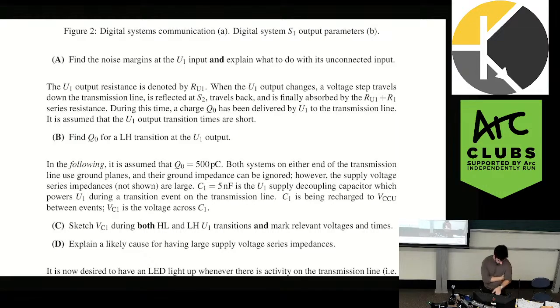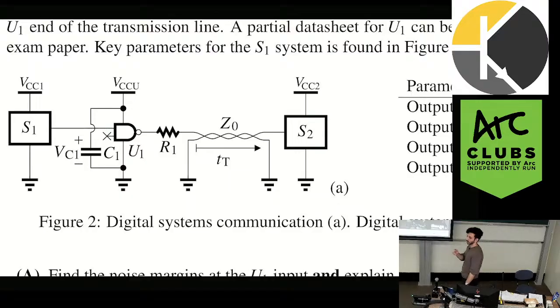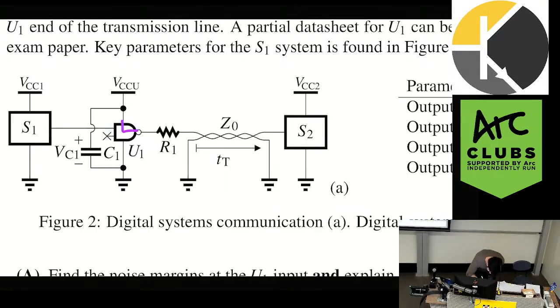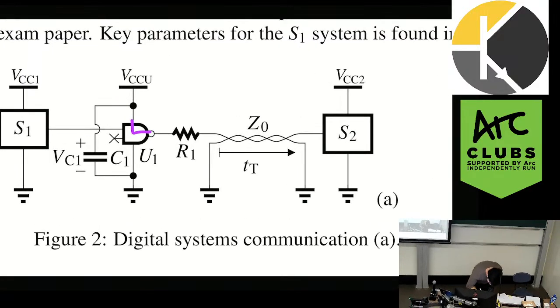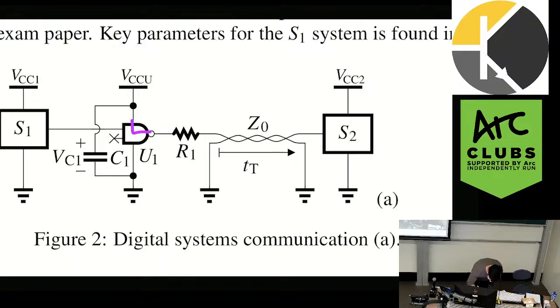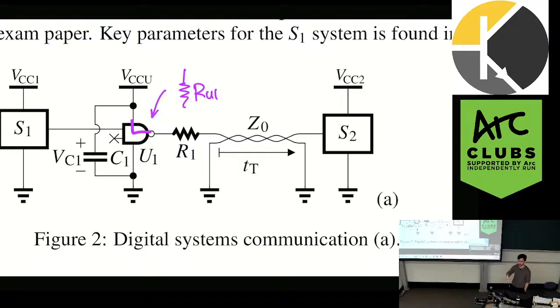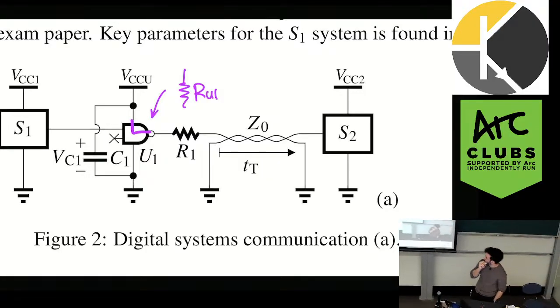To explain that, the output is experiencing a low to high transition. It's pulled up to high, but along the way it goes through a resistance RU1, because it has to pass through a transistor, and that transistor has some resistance.